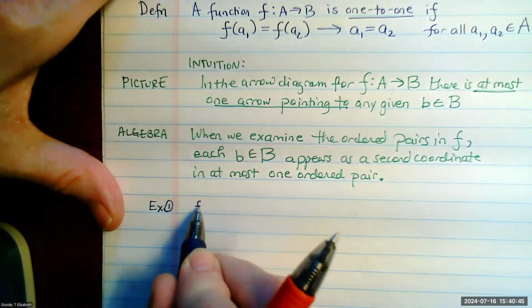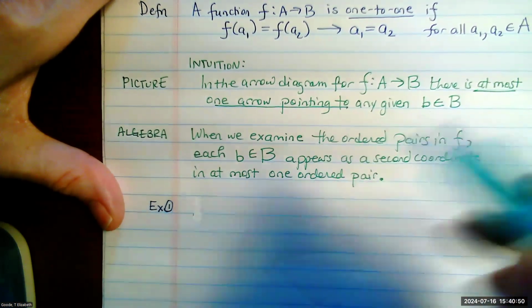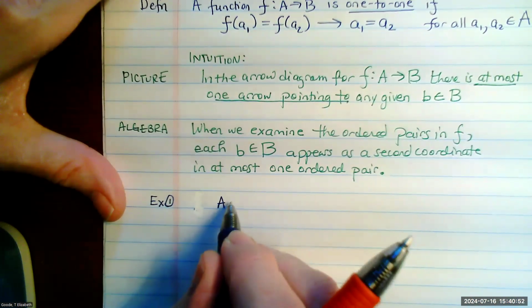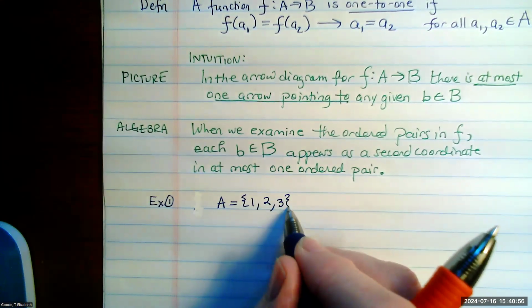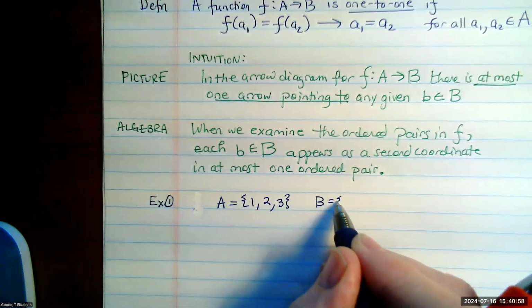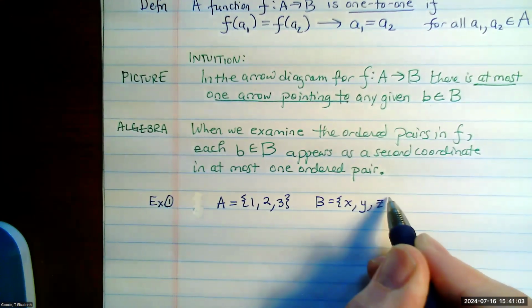So here's an example. Let's define A to be the set with 1, 2, and 3 in it. And B is going to be the set with little x, little y, and little z in it.